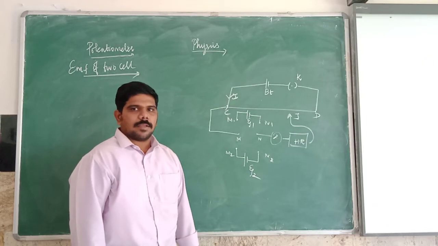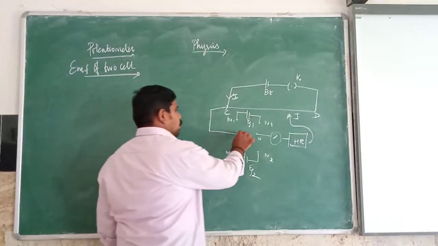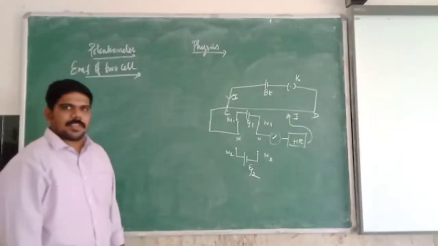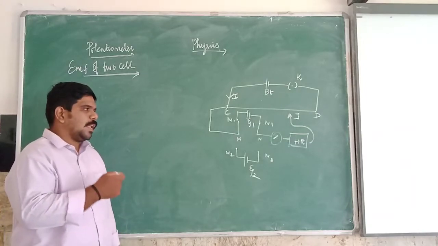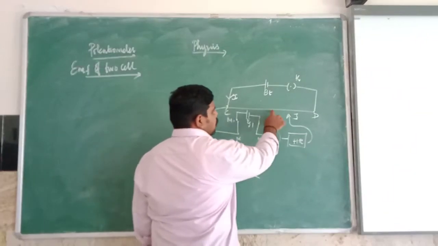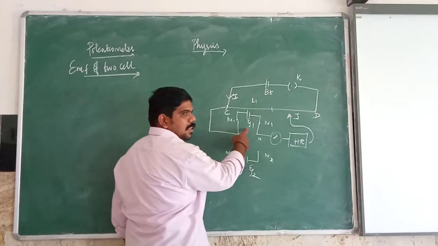Okay, clear? Now the DP/DT switch is pressed towards M1 and N1. So the EMF of cell 1 will be included in the circuit. Now the potential difference across the balancing length L1 is directly proportional to the EMF of cell 1.